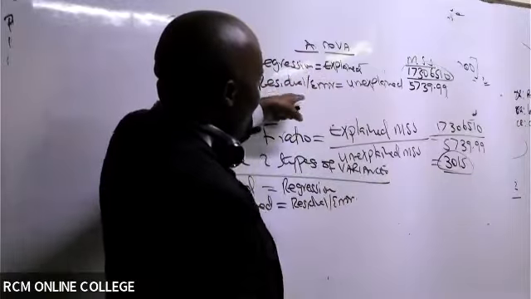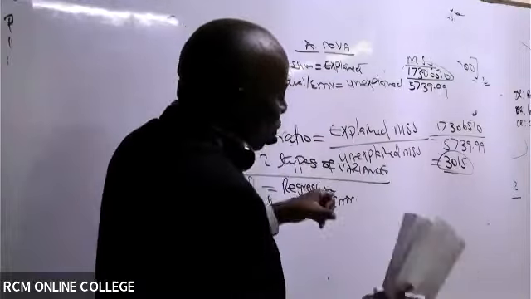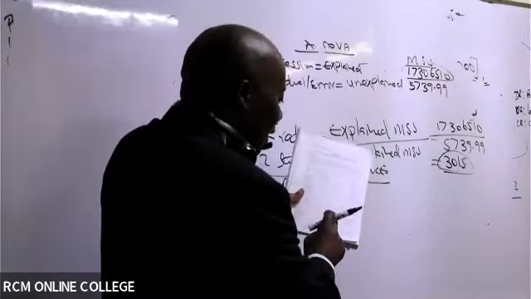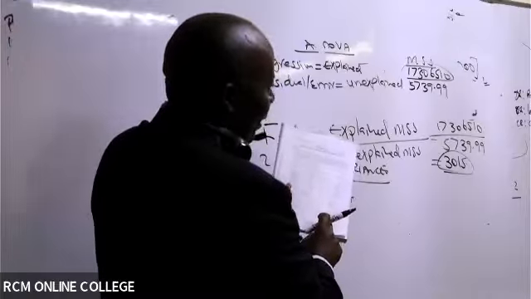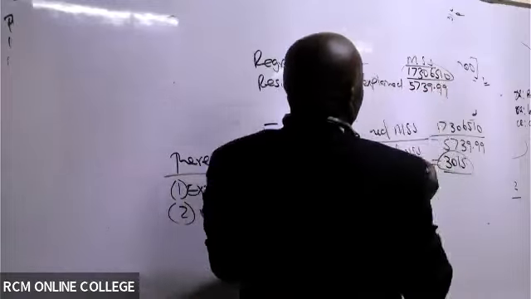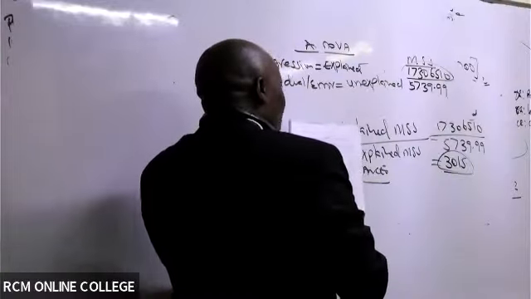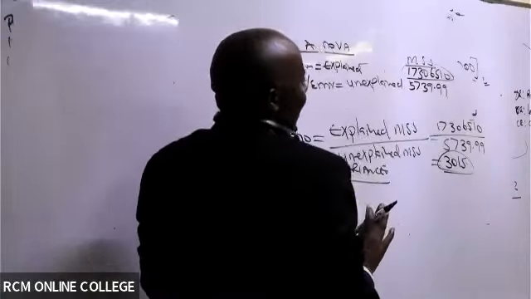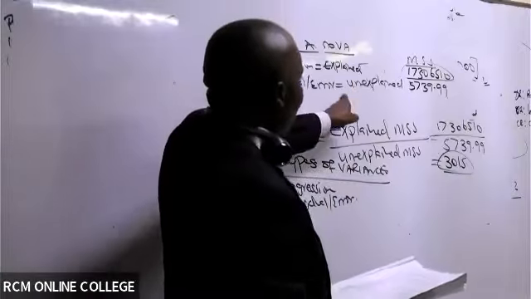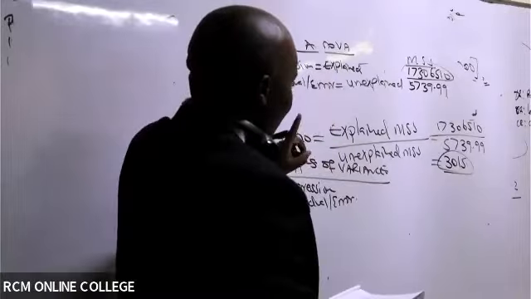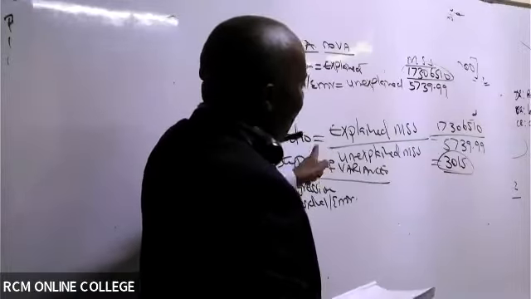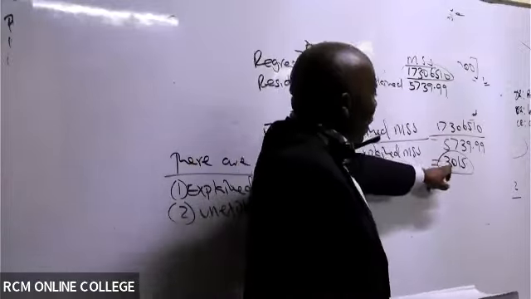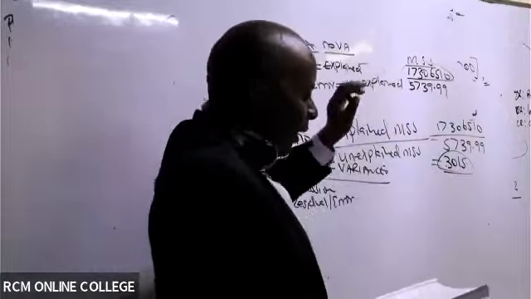In the ANOVA table provided, they have given us a regression mean sum of squares of 1730, 6510, and the residual mean sum of squares as 5739.99. Residual is unexplained, regression is explained. F ratio is explained MSS over unexplained MSS. I took this divided by this, and that's how I got the 15 point something.